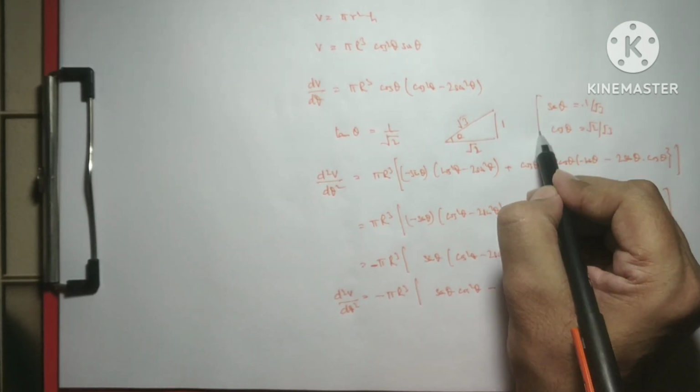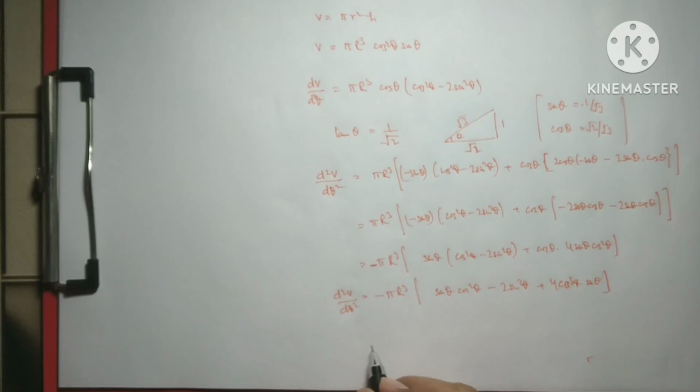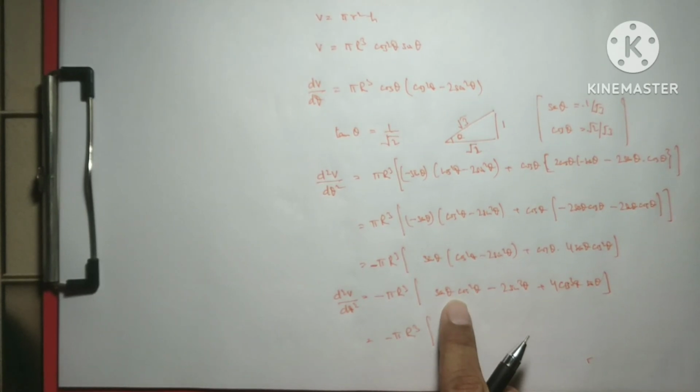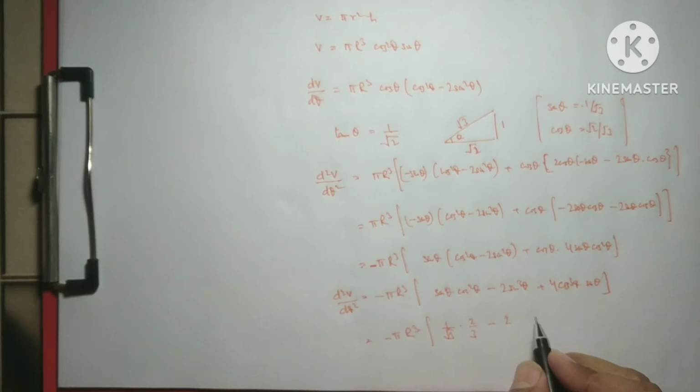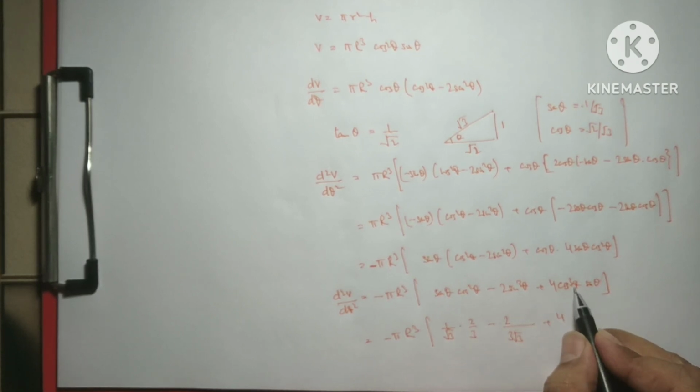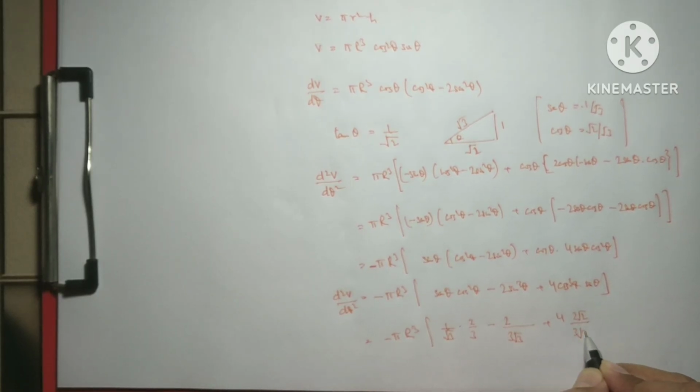On putting these values in this expression, minus pi r cube, we place sin theta as 1 over root 3 and cos square theta as 2 by 3, minus twice sin cube theta, that is 1 over 3 root 3, plus 4 cos cube theta, that is 2 root 2 over 3 root 3, and sin theta is 1 over root 3.